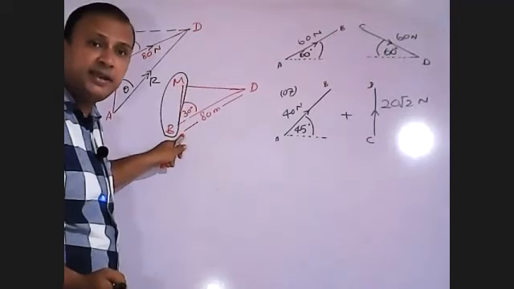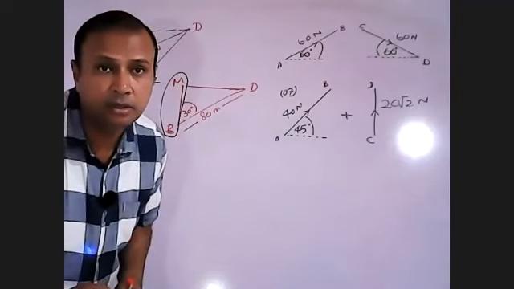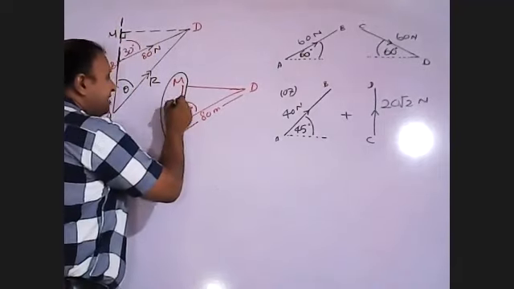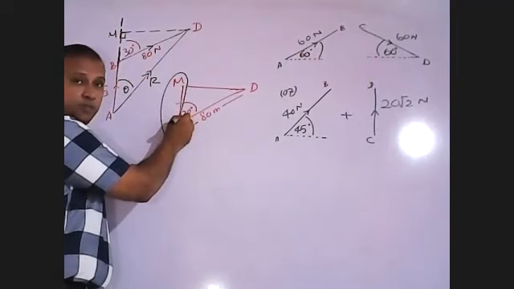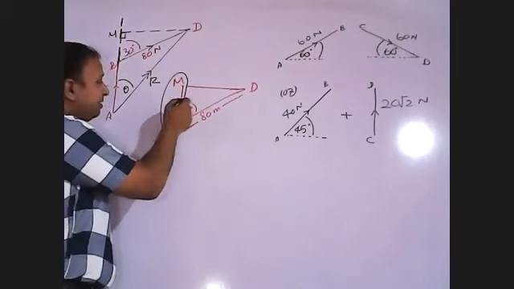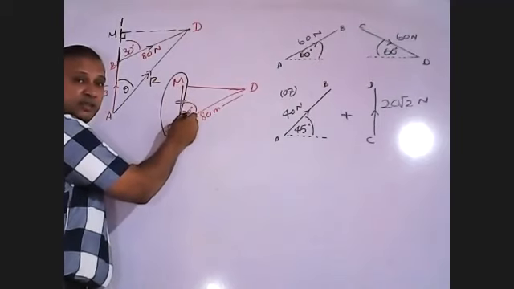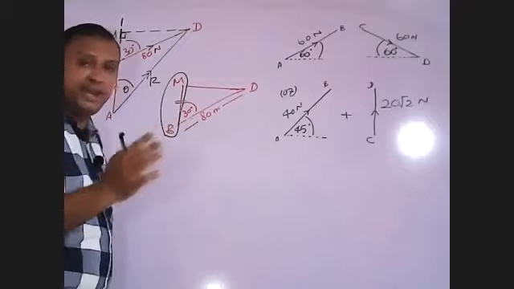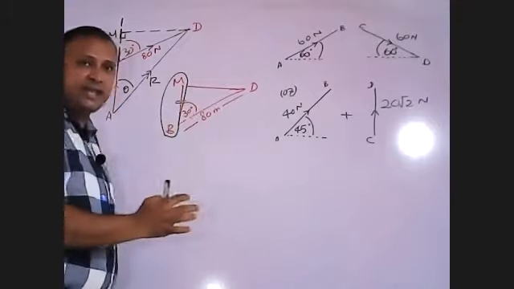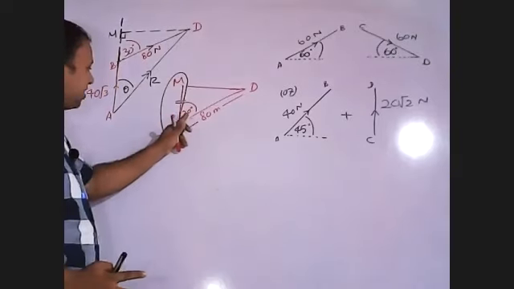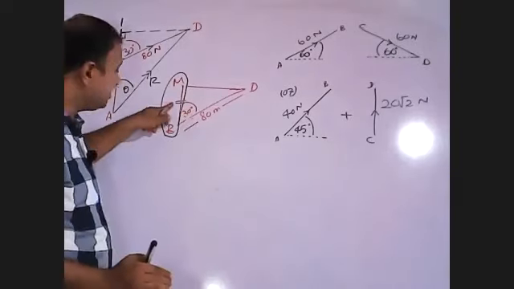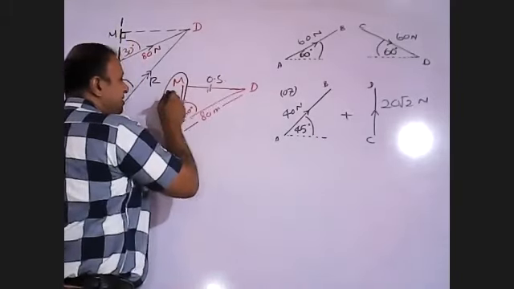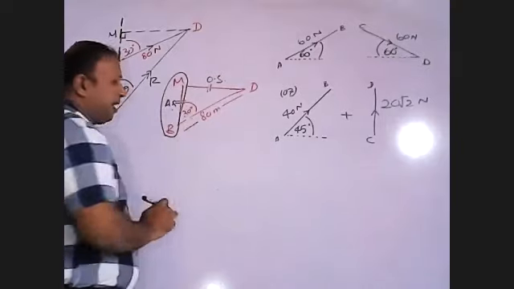MB side. This is the adjacent side with respect to this angle. So you have to decide what are the sides with respect to the known angle. With respect to this angle, this is the adjacent side and this is the opposite side.